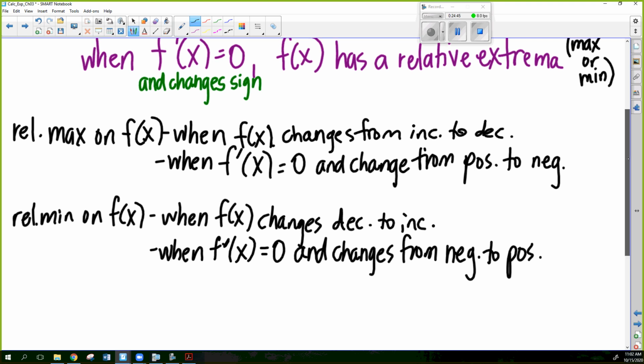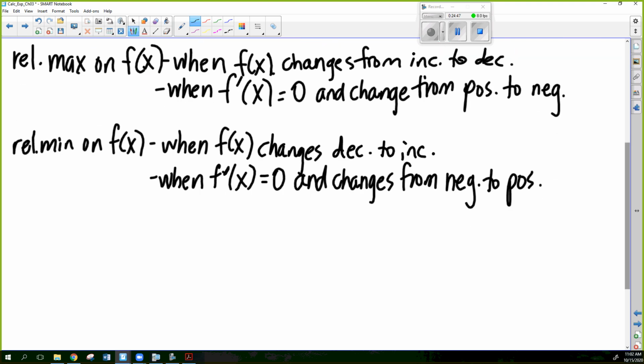Now, we just talked about that point of inflection. What was happening on f prime when f of x has a point of inflection?